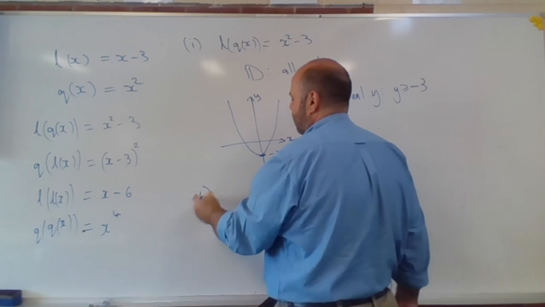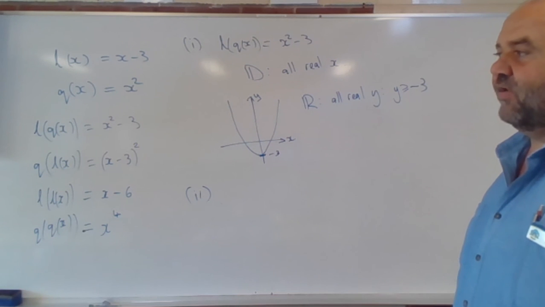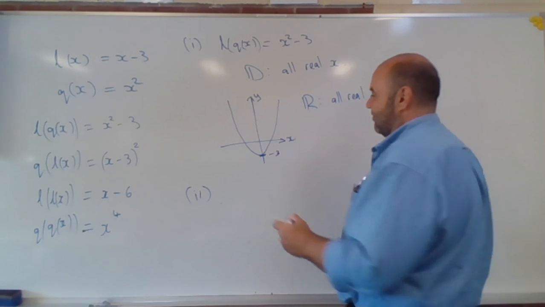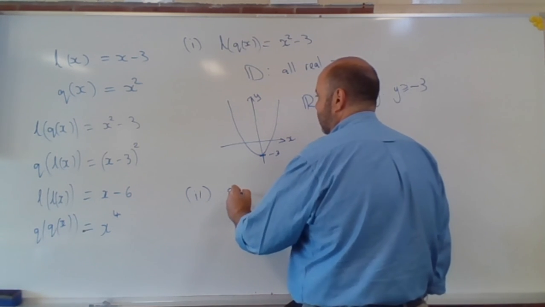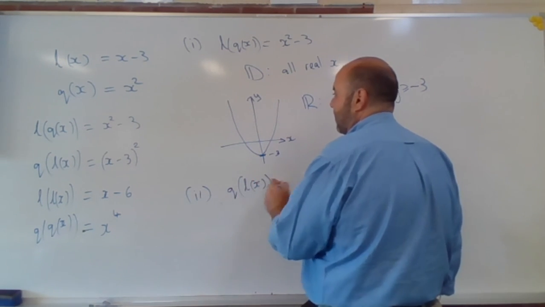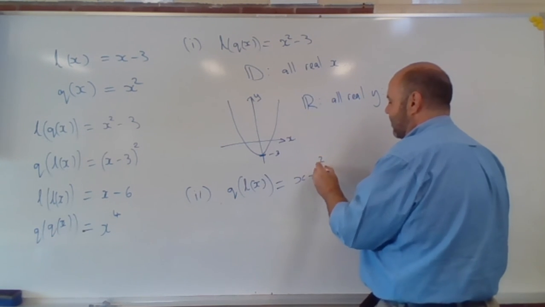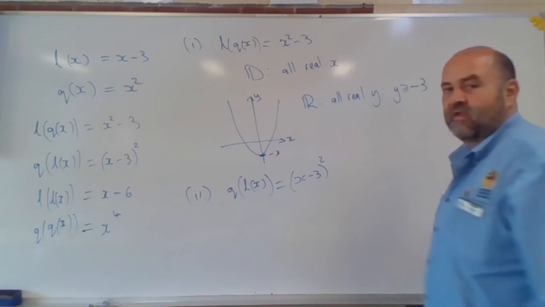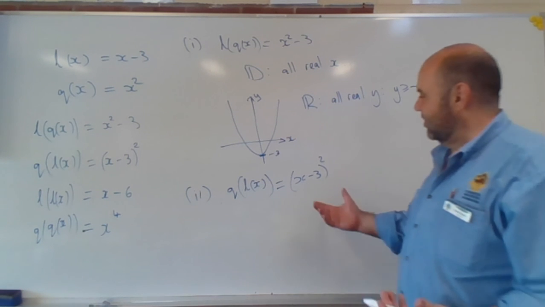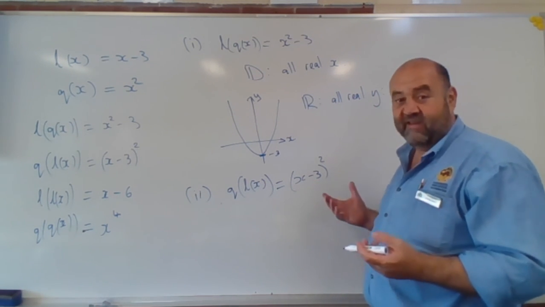Part II, or part 2, asks us to find the domain and range of Q of L of X. Q of L of X was this guy over here, X minus 3 squared. Think about what's happening with the graph here. It's a parabola, but the negative makes it late.